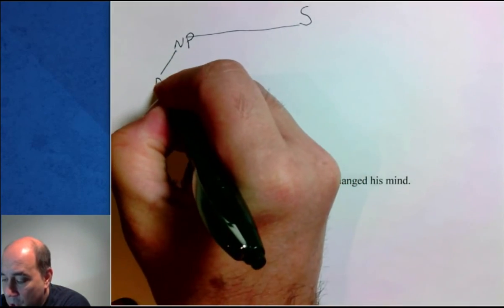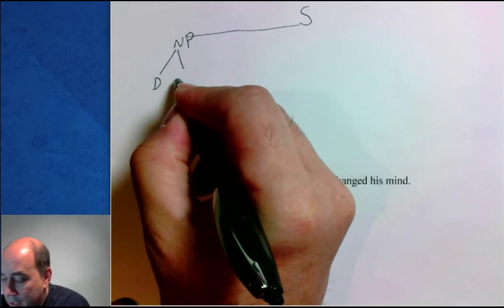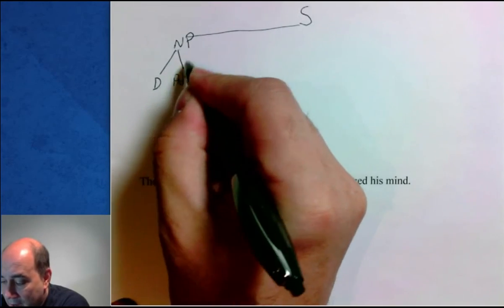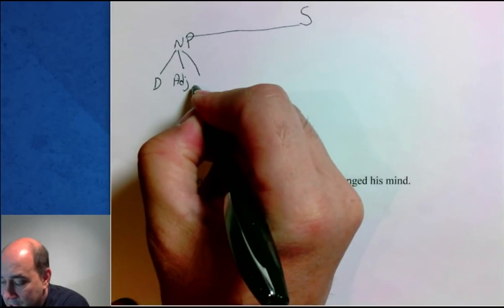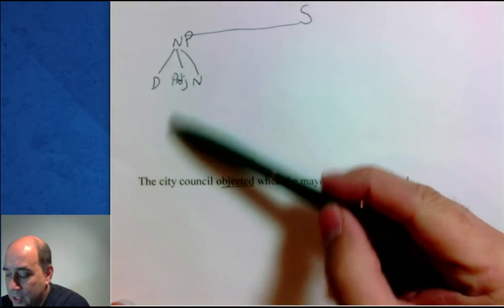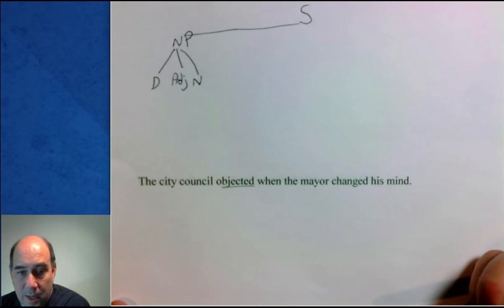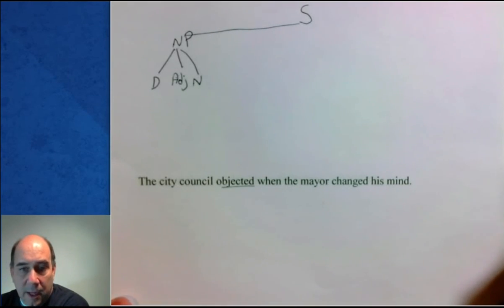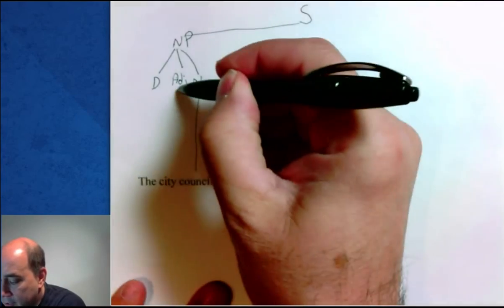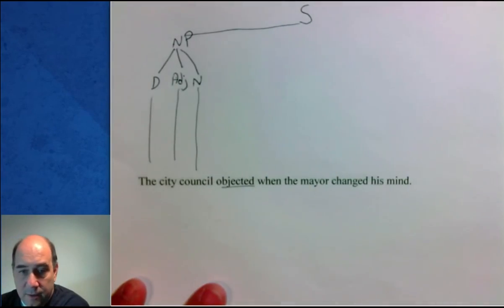I'm going to say I've got a determiner and I have a noun in this noun phrase. I'm sorry, take that back. An adjective and a noun in this noun phrase. Then I could just run lines all the way down to these 3. No big deal. I'll just run these straight down, and that's what those are.